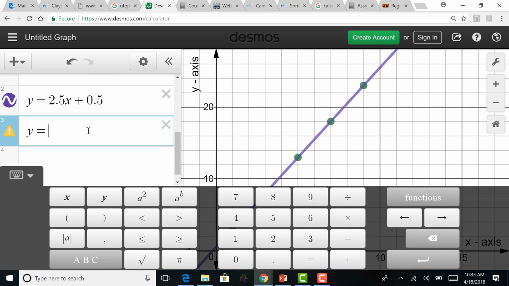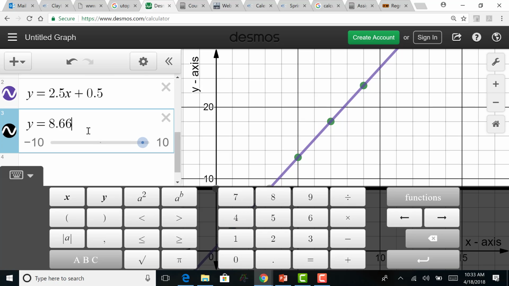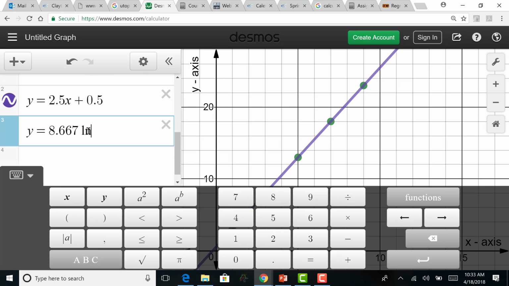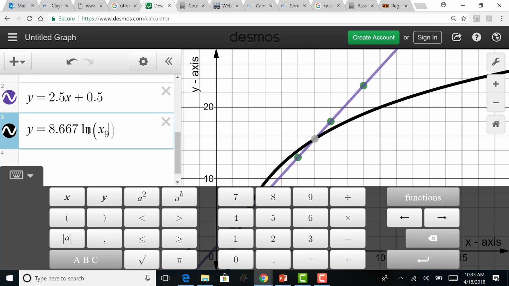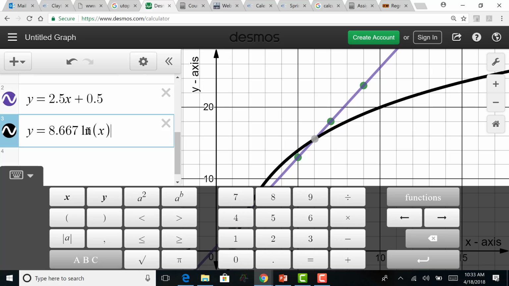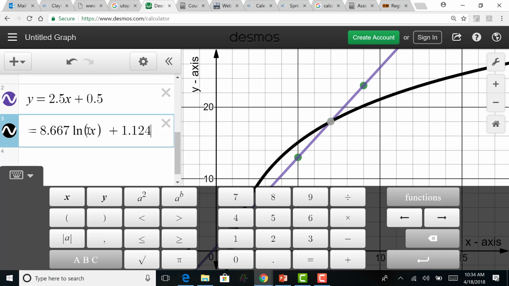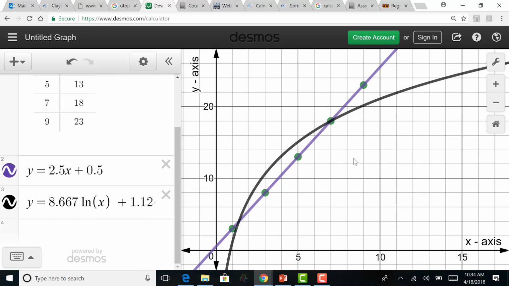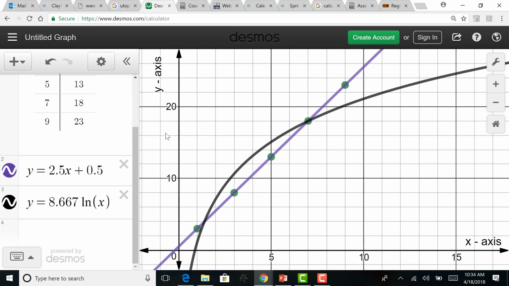Y equals 8.667 natural log x plus 1.124. There are both of those equations. Which one is the best fit for this data, the purple or the black? Purple. The best fit for this data happens to be the linear equation.